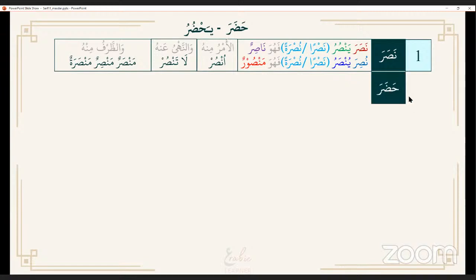Hadara. Now you tell me this first column. I do not expect that yours will be right, but at least tell me. Let me explain how you find out even this Masdar. Let me share the dictionary again.